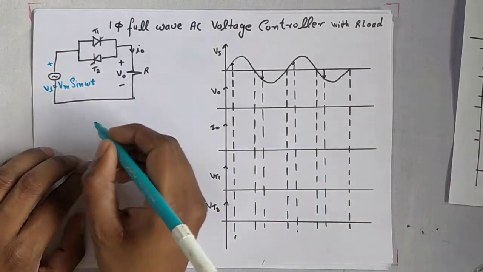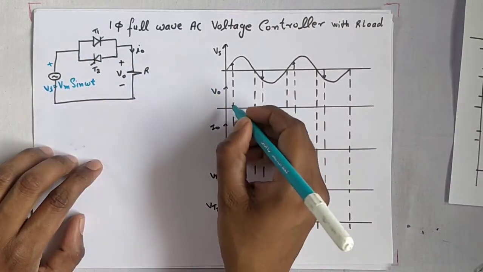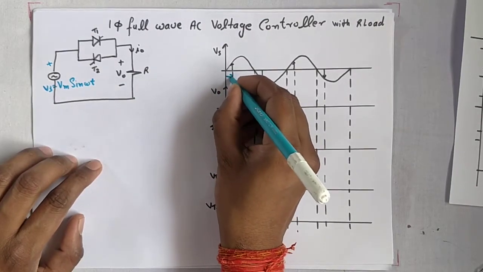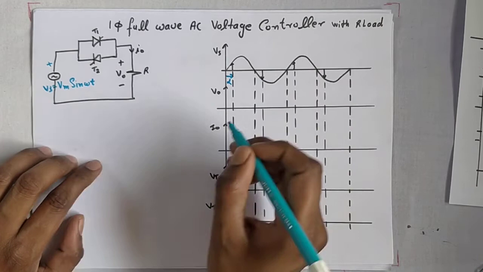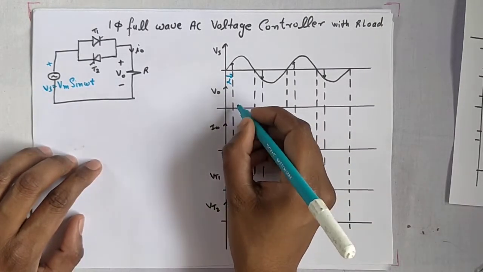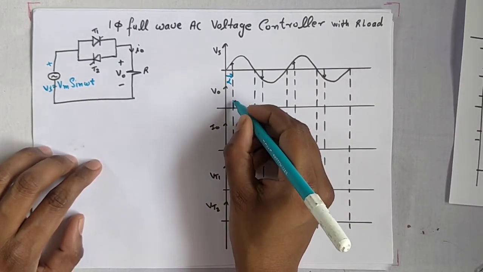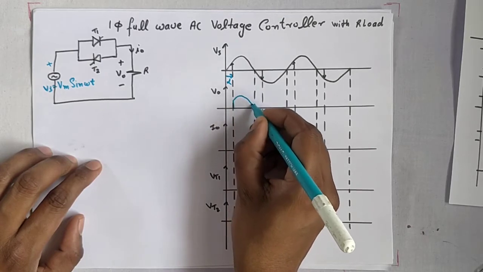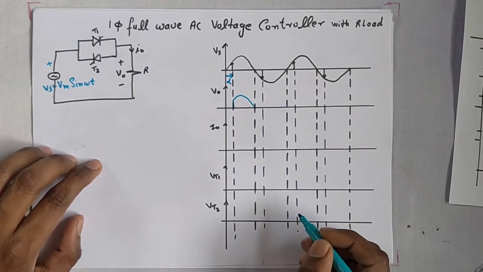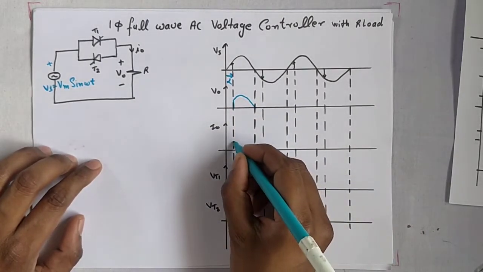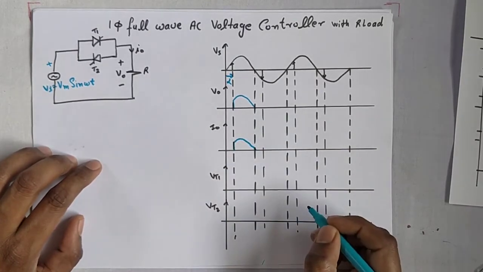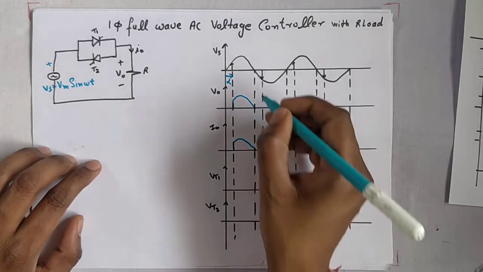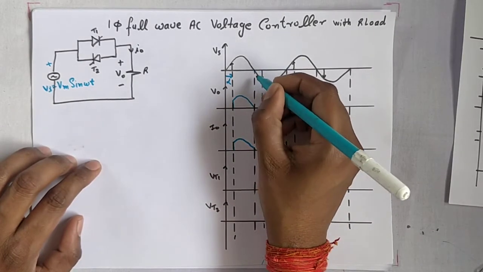So suppose for the positive cycle at theta equal to alpha we trigger T1, then the output voltage V0 will be like this, and I0 will be like this. Now at this point the voltage is 0.